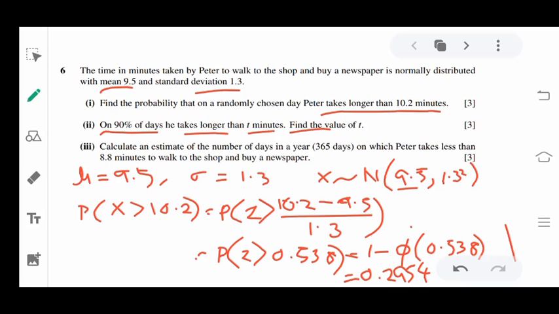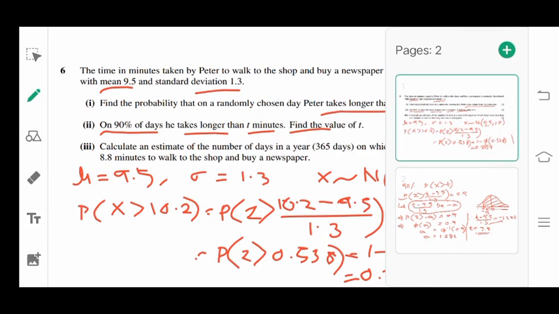So we have to find the estimated number of days on which Peter takes less than 8.8 minutes. Here it is not a leap year, it consists of only 365 days. Let me take one more fresh page.